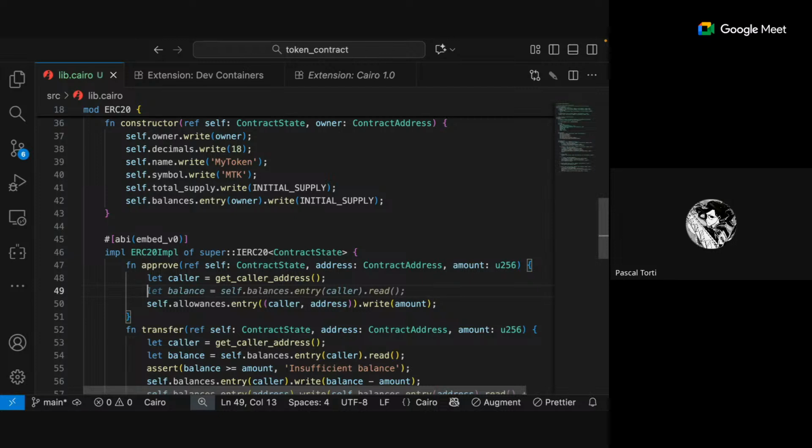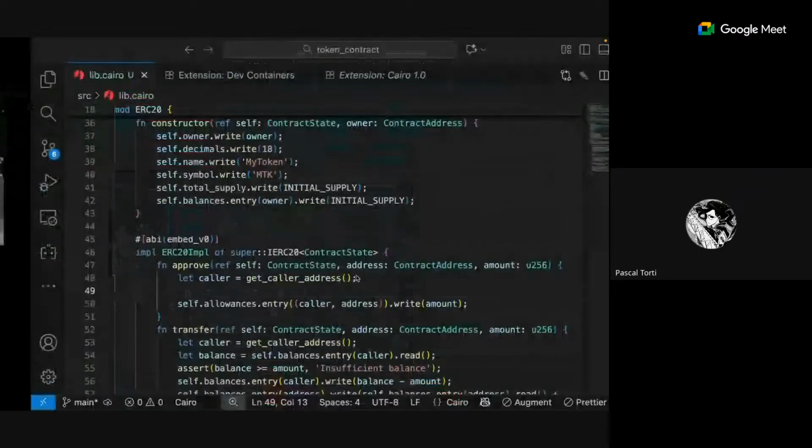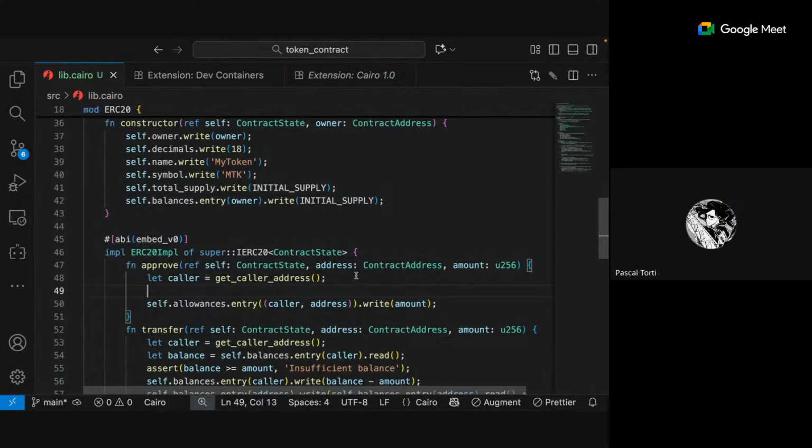It's just based on how you implement your own ERC20. Most times, or sometimes, people like to check the balance. You cannot approve somebody to spend on your behalf if you don't even have that money in the first place. So if you have a balance of $20, you cannot approve more than that $20 that you have. But sometimes you might want to approve before having the money.